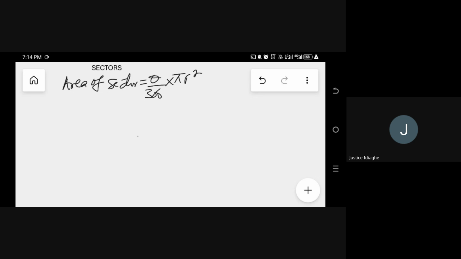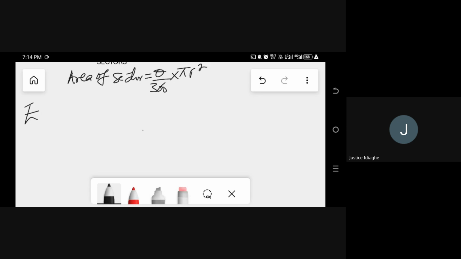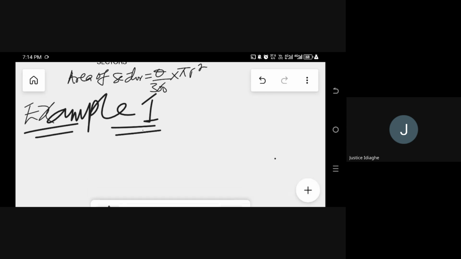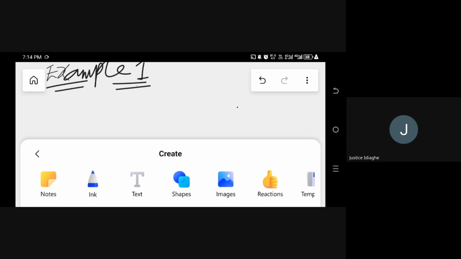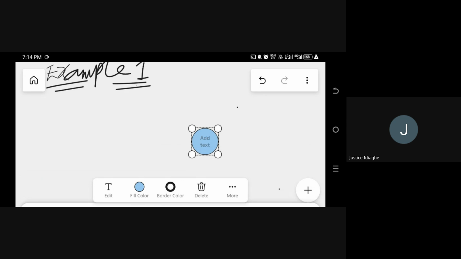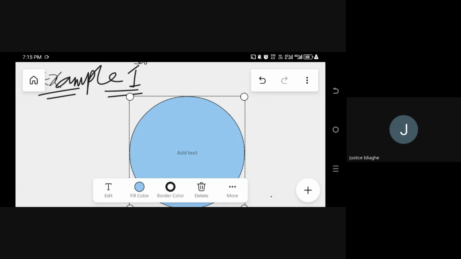So let's take this question example. Okay, so let's say example one. Draw this circle.